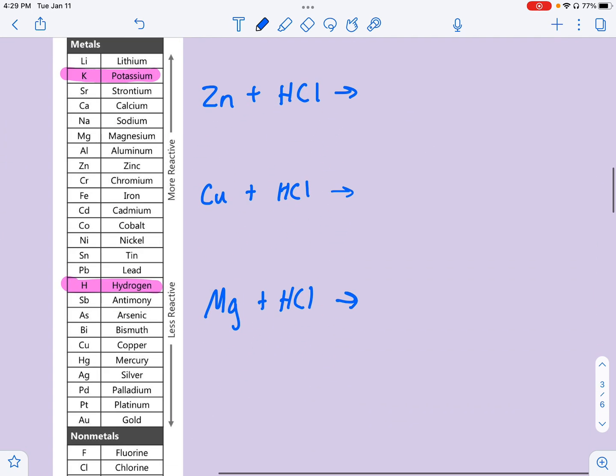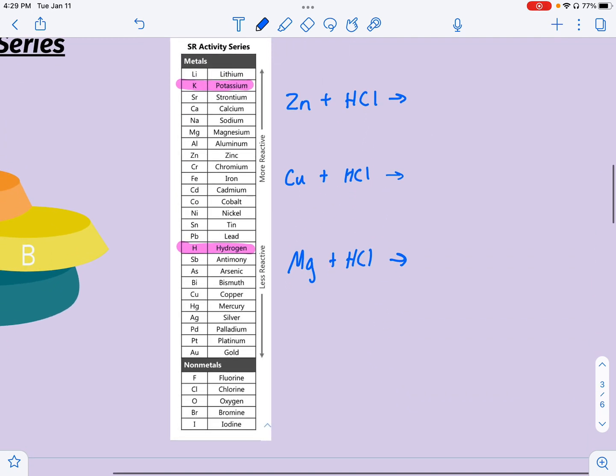In the class today, I had a demonstration with 3 different test tubes, and each one of them had some hydrochloric acid, HCl, and then I tried to react different metals with that hydrochloric acid. And what we saw was pretty interesting. The zinc, it turns out, it did react and it made bubbles.